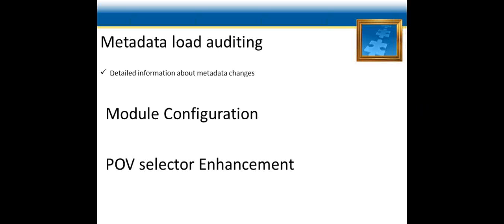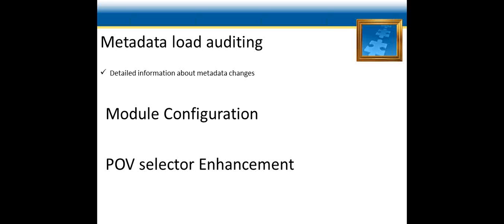The next feature is the metadata load auditing. After a metadata file has been successfully loaded, you can view detailed information about the metadata changes made during the load process. For example, if an attribute was changed in the account dimension, the system displayed the old attribute and the new attribute values.